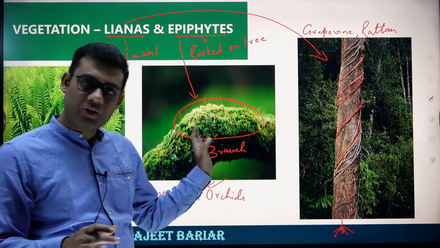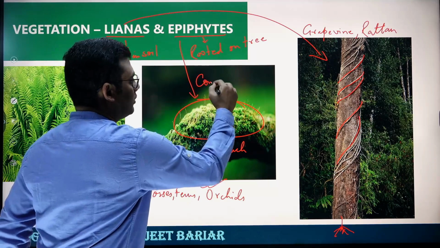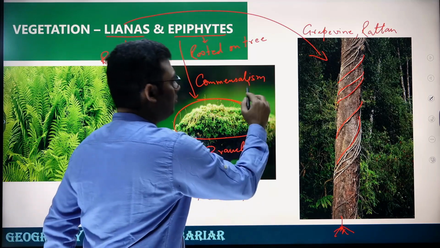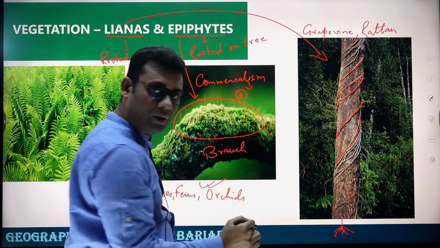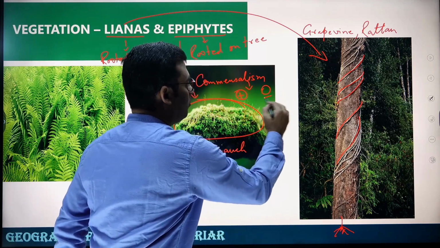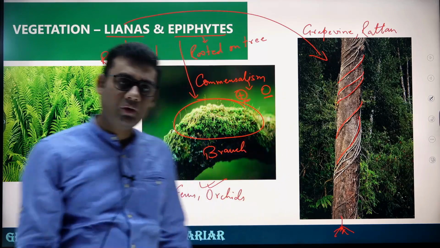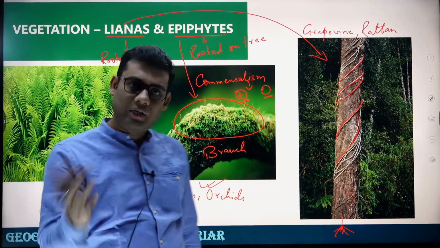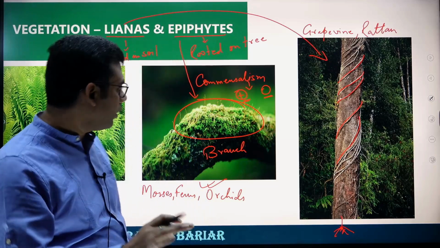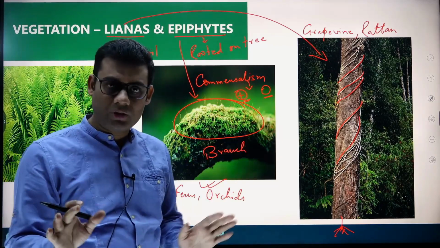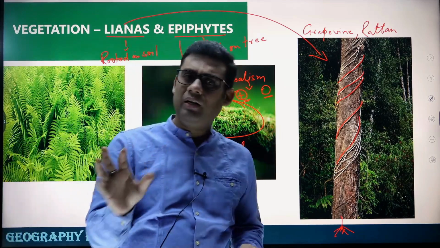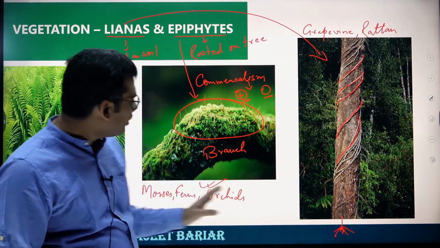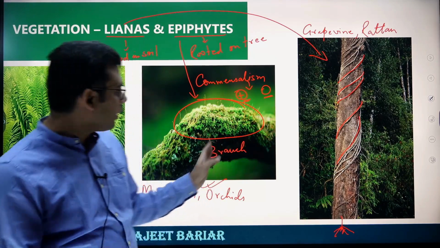Rather, this interaction should be identified as commensalism. Now, what happens in commensalism? One species benefits from the interaction and another species is not impacted at all. So there is this +0 relationship. Here, the epiphyte is benefiting from the tree, where it gets the base for its growth, and the tree is not impacted majorly. There would be some competition for sunlight, that's it, but that would not amount to harm as such. So this interaction is not parasitism but rather commensalism.